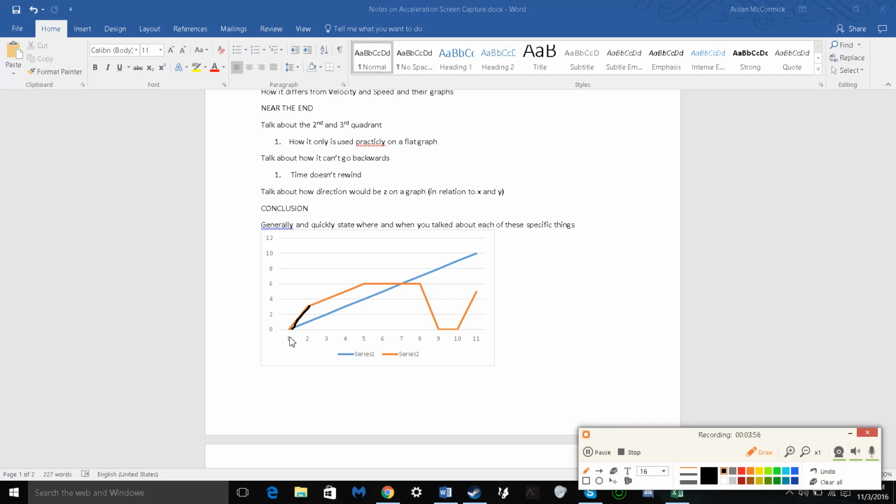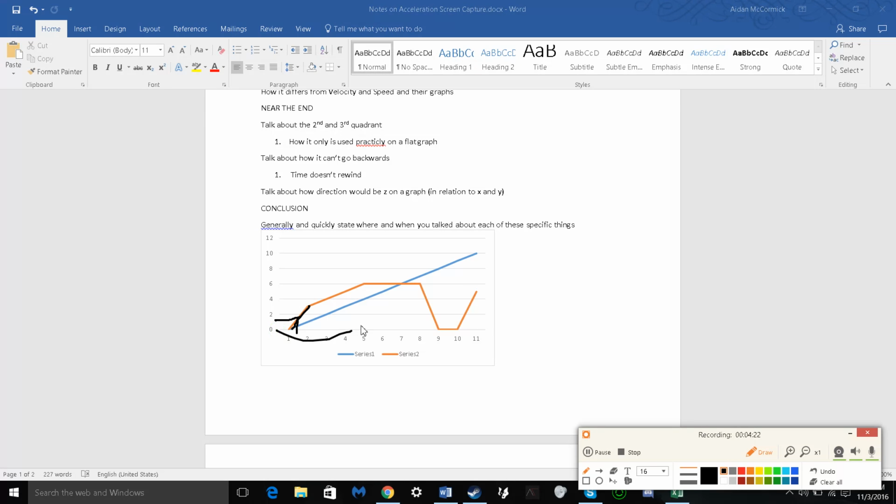Because you're moving from 1 second, given that this axis should always be time, and this axis should be the dependent variable, or for this, the acceleration. Let's say you're moving from here to here. Now the change in this is about 0.5 seconds, and you're going 1 mile per hour faster. So now here's where we're changing the base.